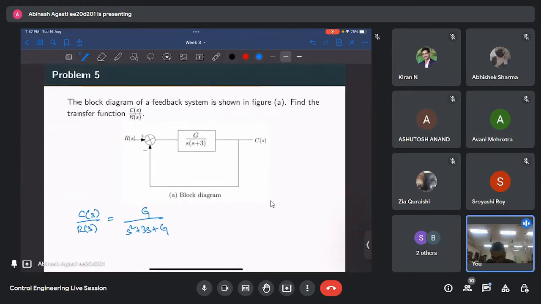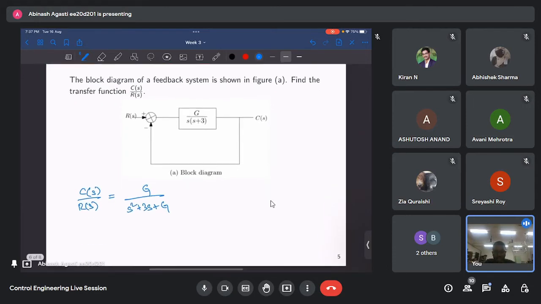So this transfer function, I guess everyone is familiar with how to derive it for a unity feedback. I'll just do it quickly once. If I have a summing junction with plus and minus, and G, this is Y, this is U, this is E, error.